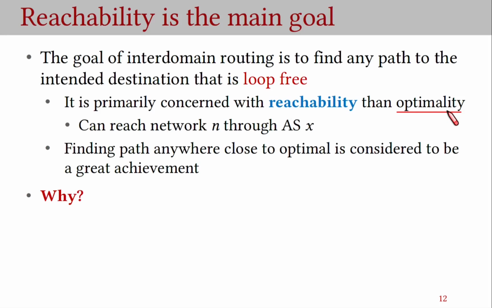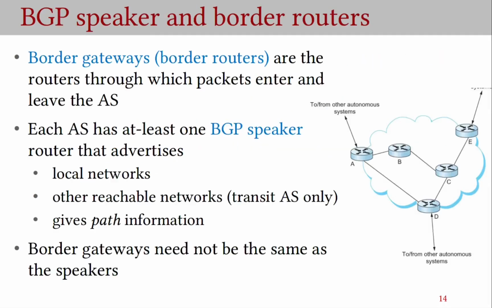So the cost metric in one autonomous system is probably meaningless in some other autonomous system. Therefore, when we find anything that is even close to optimal, that is considered a great achievement. So we can't really hope for optimality, but we only worry about reachability.